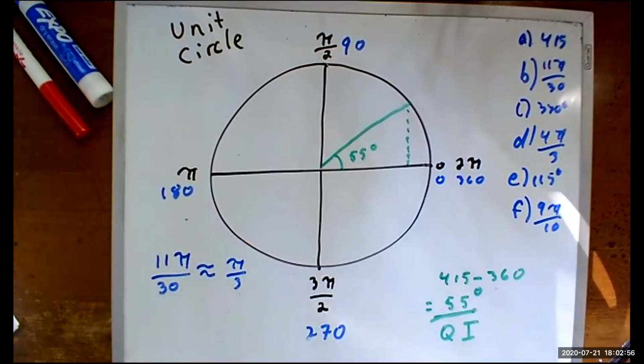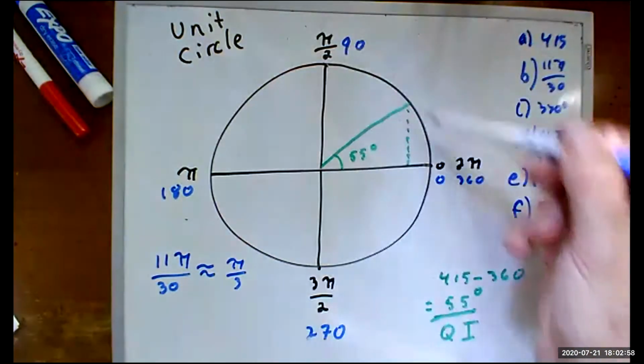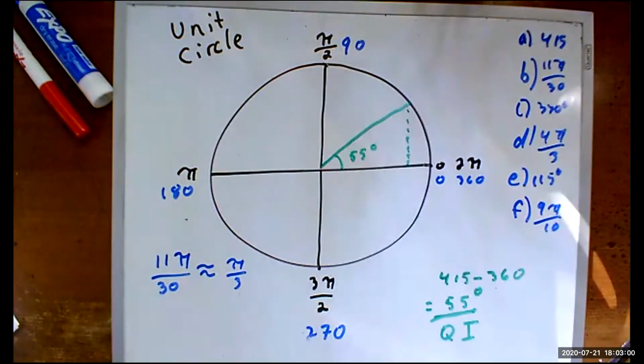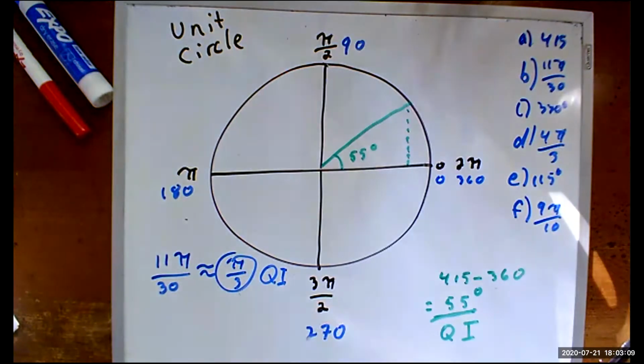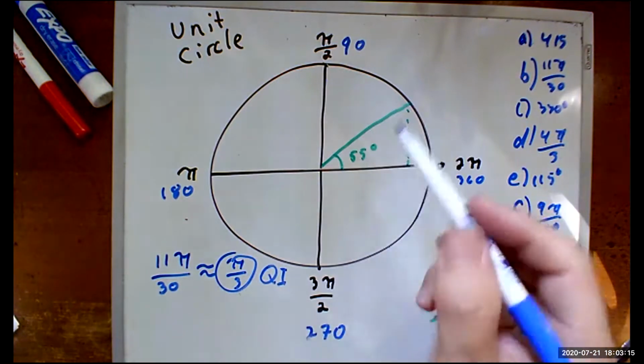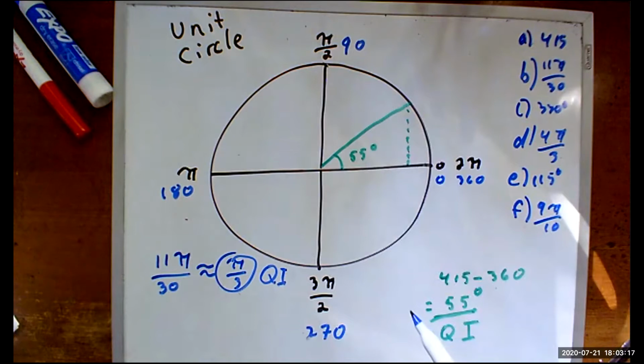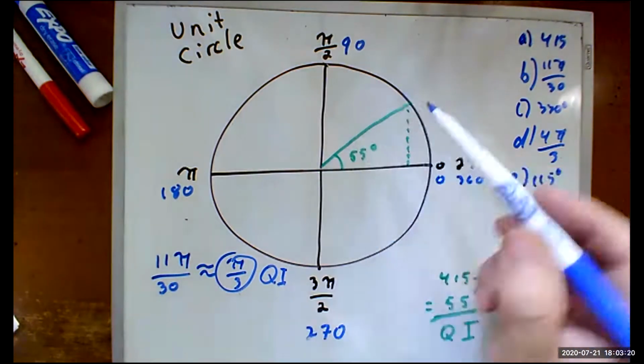And all you really need to know about that is that that puts it between 0 and pi over 2. Immediately, this tells you that we're in the first quadrant. Okay. And that means that your reference angle is going to be exactly where it falls.